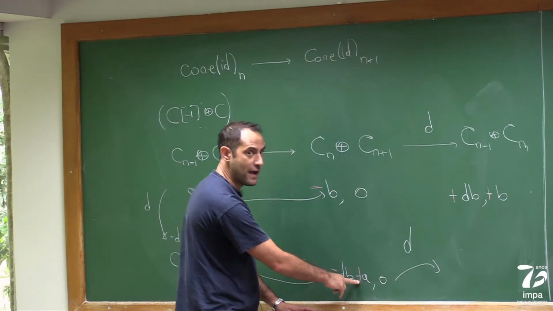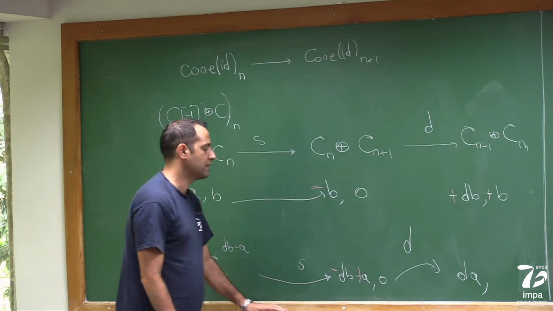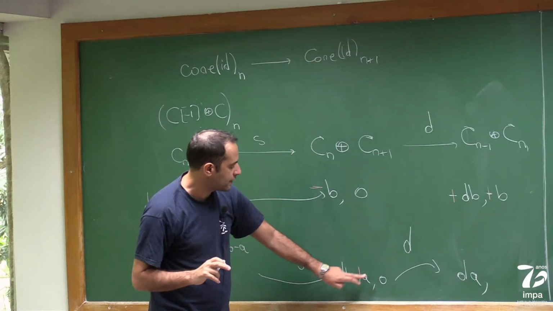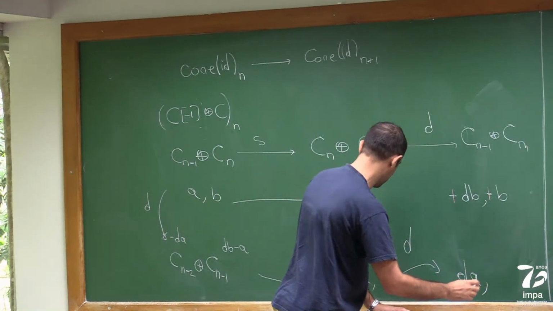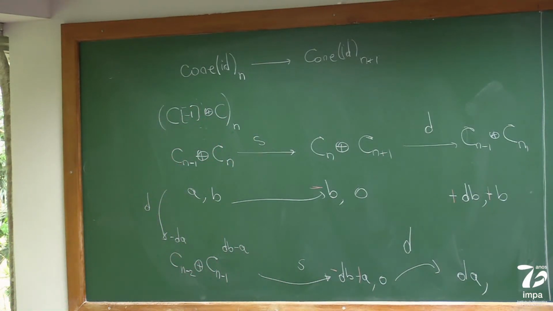And then I have a dA. And in the second component, what d did is it applied the identity map to this guy. So here, oops, what did I do? ds. I want to apply d to this. And it gives me d there.